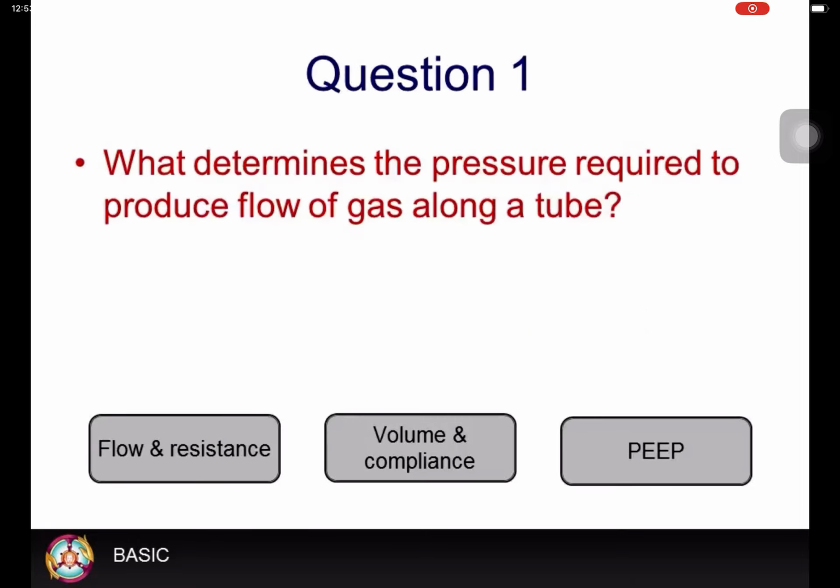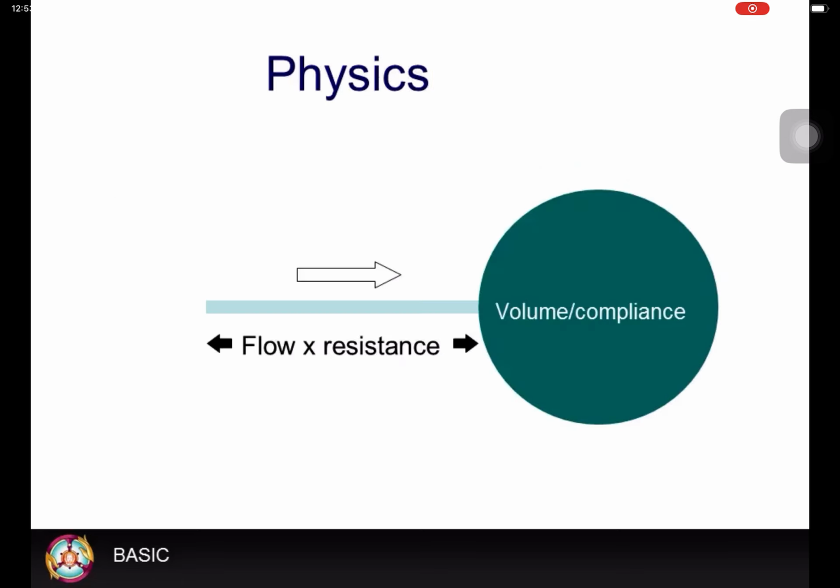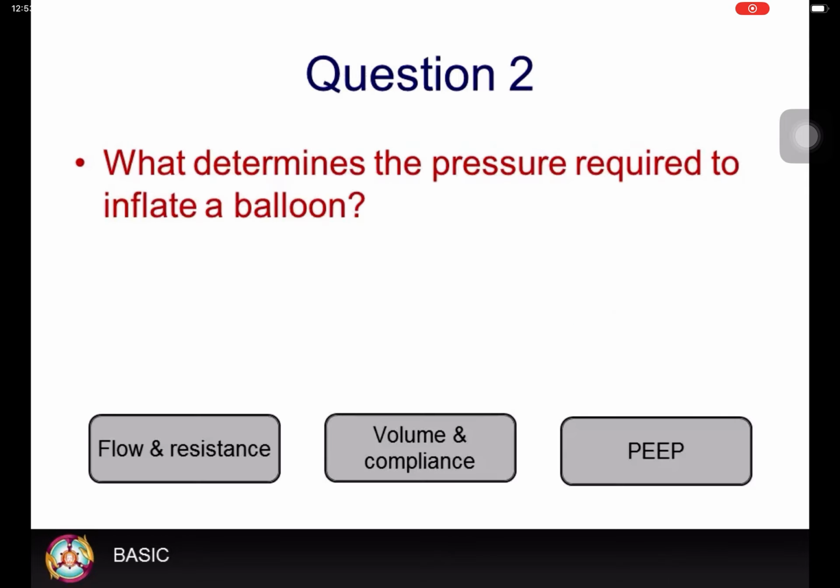What determines the pressure required to produce flow of gas along a tube? The pressure required to make gas flow down a tube is determined by the resistance and the flow rate. What determines the pressure required to inflate a balloon?